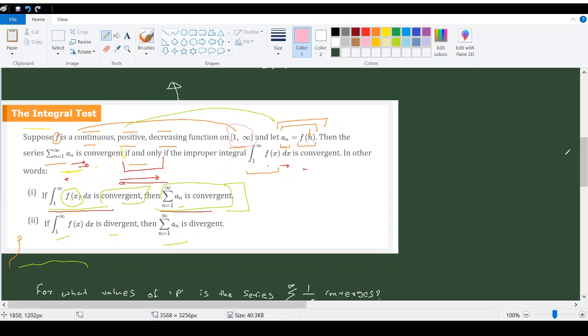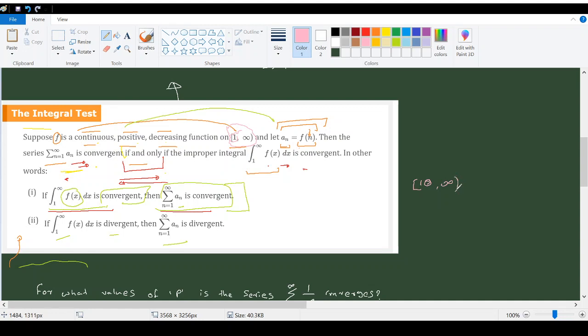And then I should also say something about this domain. It is not always a must to start at 1, okay? It can even start at an integer greater than 1. Say we can even start the domain at 10, right?